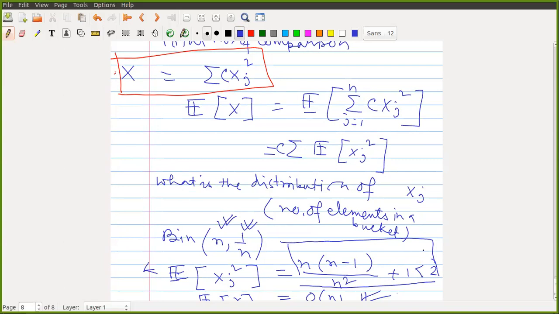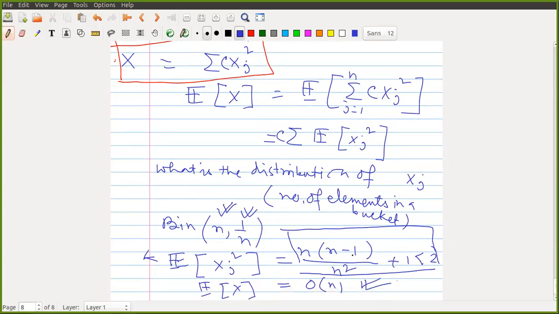This works out to 1 minus 1 by n plus 1, so it will be less than 2. Given that this is less than 2, and we are summing j equal to 1 to n, there is some 2cn, so for constant c it is order n.